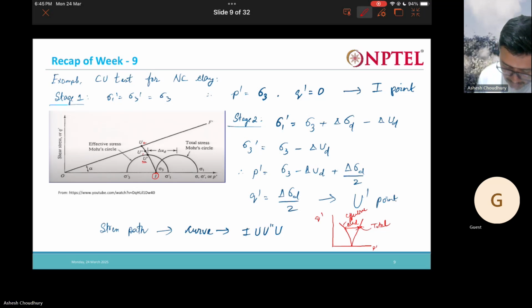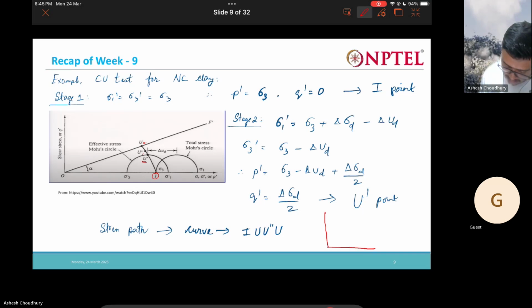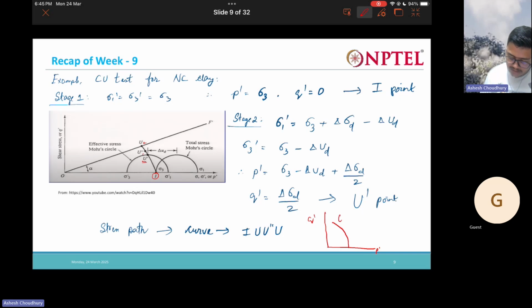Now for a CD test, if I plot the effective values, in a CD test there is no total, there is always effective, right? So remember, now I am drawing for the effective values only, p' and q'. This curved one is for the CU test.